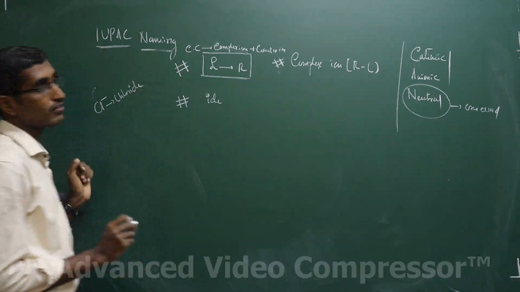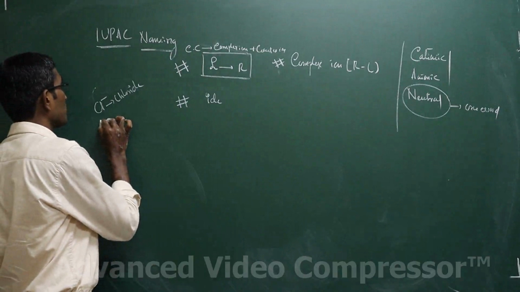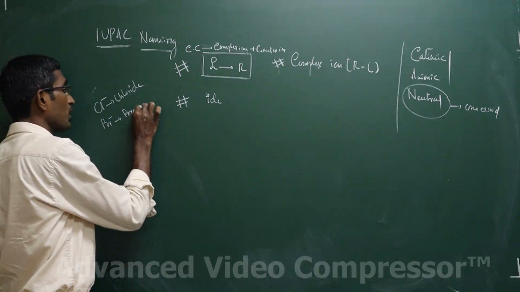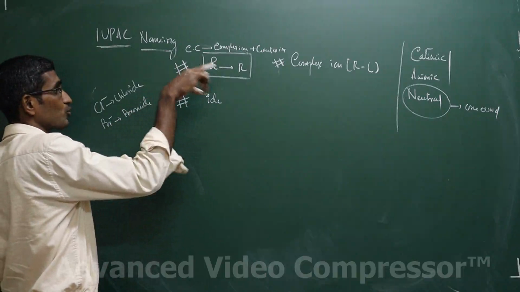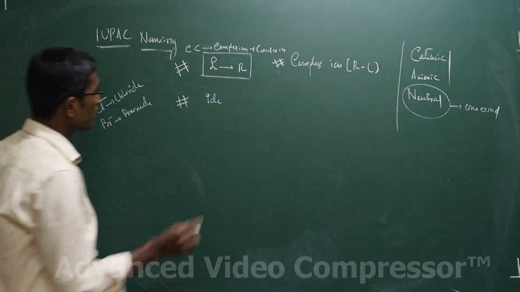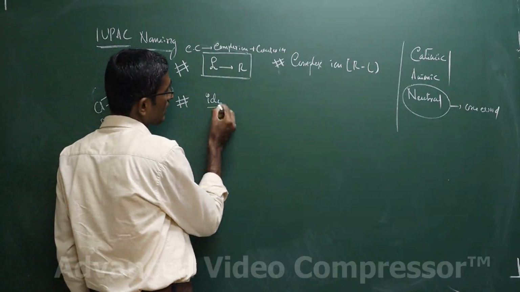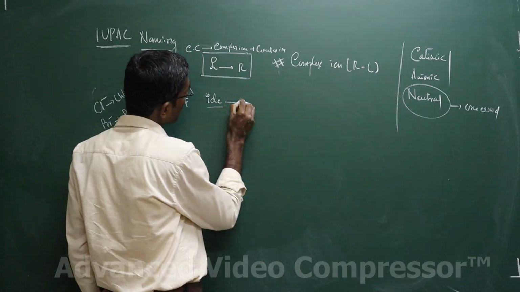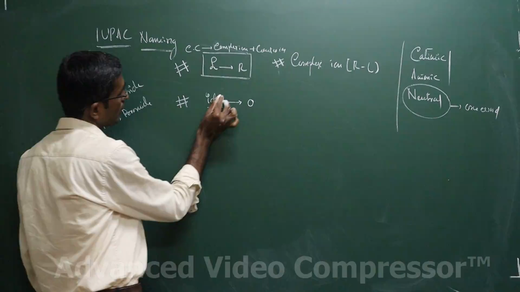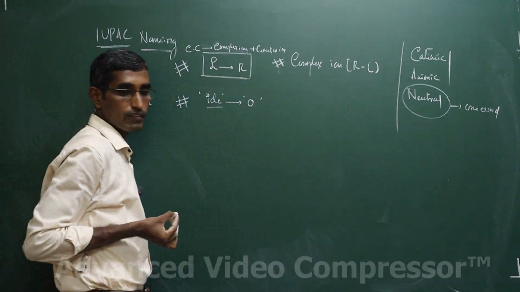If you have Br minus, how do you name it? Bromide, right? I am talking about naming the ligand specifically; then we will come to naming the complex as a whole. If the ligand ends with IDE, then you always replace IDE by O. Clear? IDE has to be replaced by O while naming the complex.